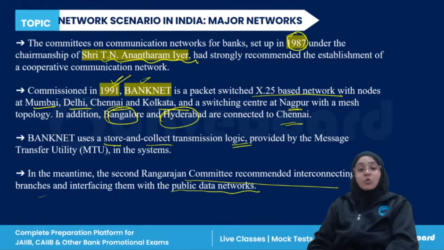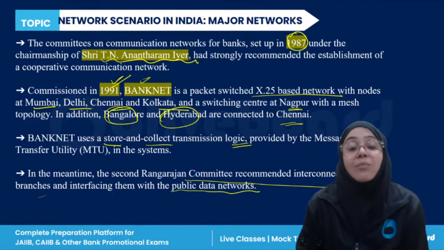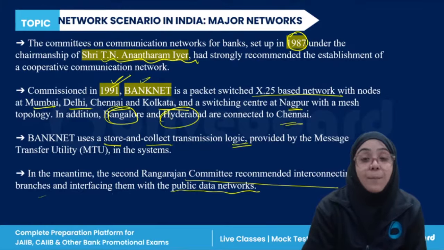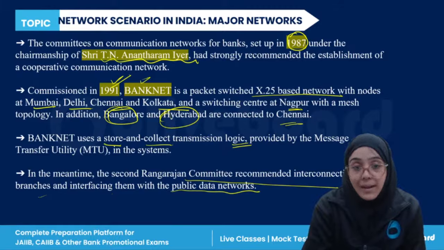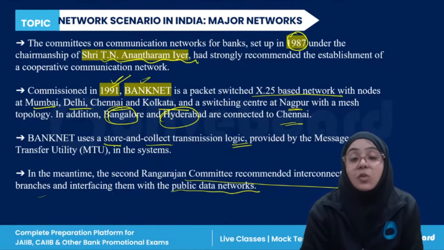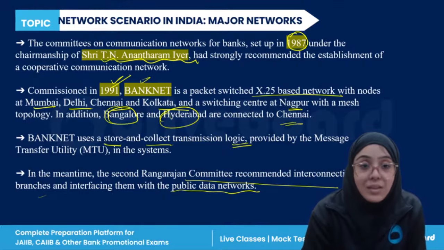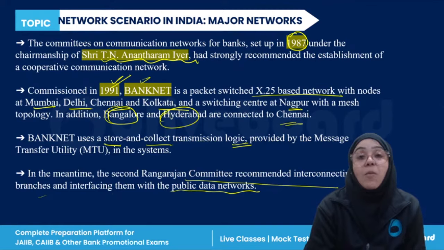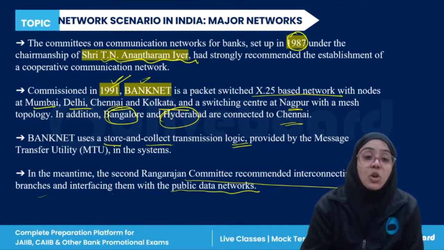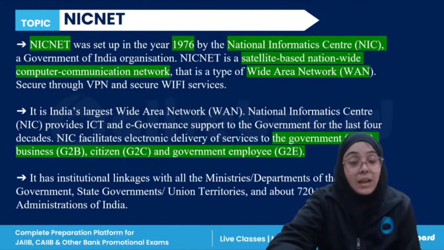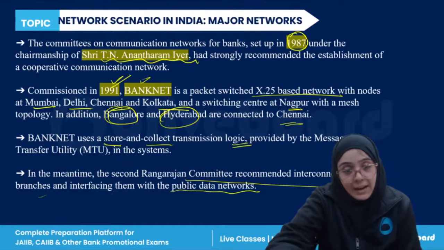So BankNet is used by banks, it is X.25 based, the main nodes are in Mumbai, Delhi, Kolkata, and Chennai, Chennai is also connected to Bangalore and Hyderabad, and the switching center is in Nagpur. Clear?